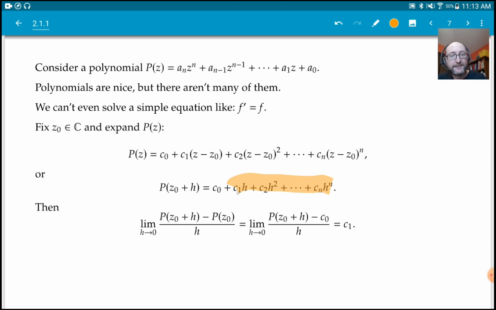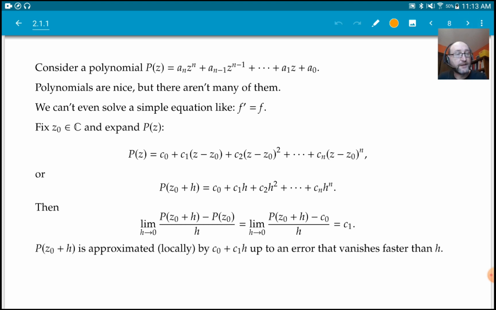And then I get c1 plus something that depends on h, but that actually is 0 when I set h to 0, right? So that means that I just get c1. Essentially by algebra, it's just canceling out. This is just the calculus one way of computing limits.